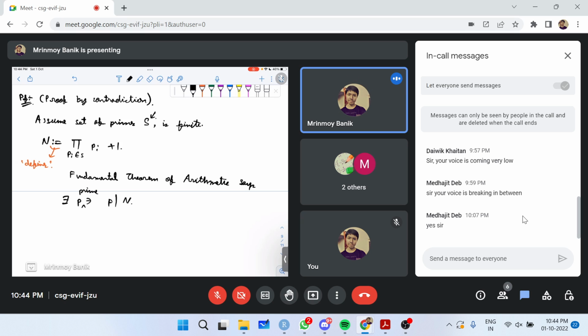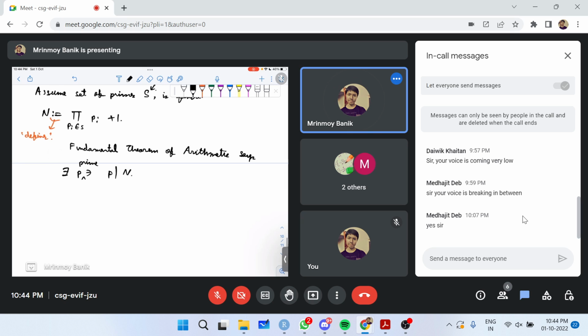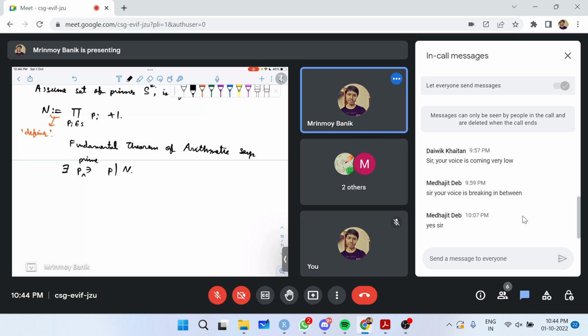Even a prime number has a prime factor, which is the prime number itself. So let p be that prime factor which divides N.